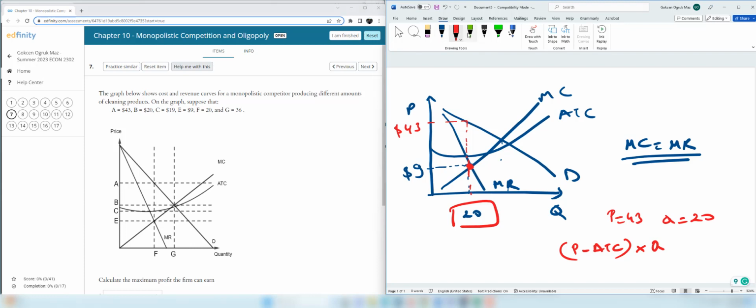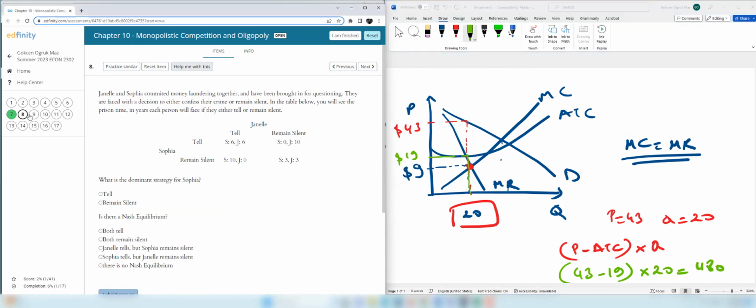To find the ATC, we use the profit maximizing quantity again and go up to the ATC curve to find the amount. That represents point C, and point C is $19. So now we have all the information. 43 minus 19 times 20 is the profit. 43 minus 19 is 24, times 20 is 480, which is the right answer.